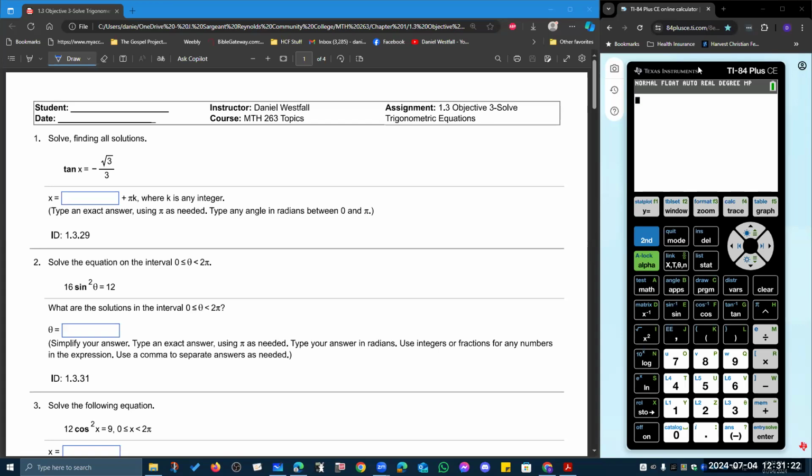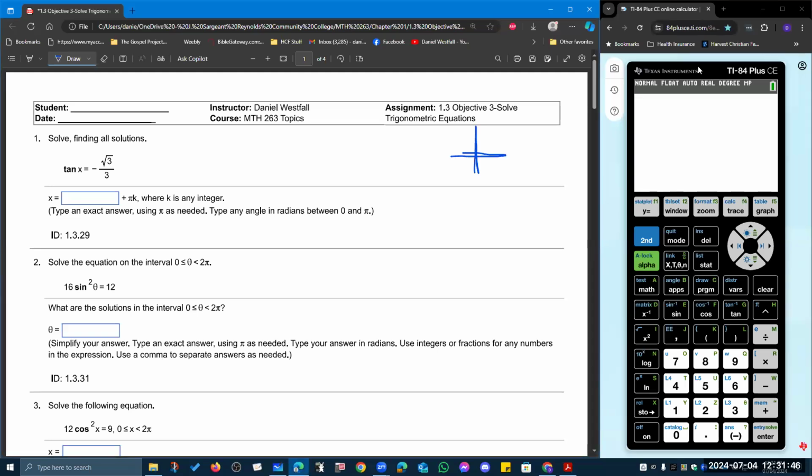So tangent is going to be negative root 3 over 3. Want an exact answer using pi. Type an angle in radians that's between 0 and pi. So tangent is going to be negative in quadrant 2.